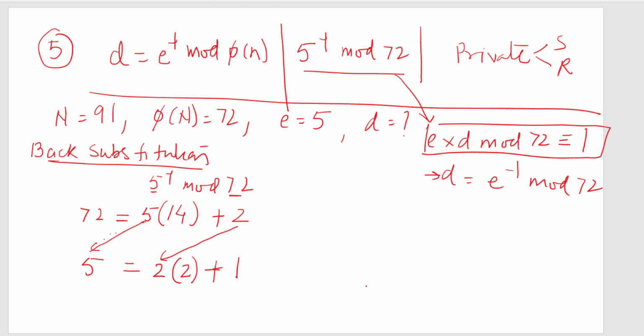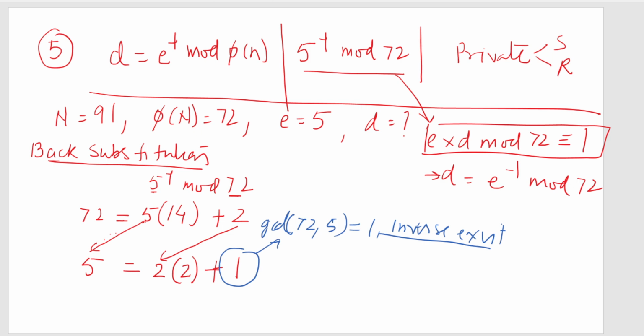We have told you in the class, and again we are telling you here, that you will stop at this 1. Why do we stop at 1? The reason is, if you get a 1 in the equation, it signifies that there is an inverse. That means the GCD of 72 and 5 is 1, so the inverse exists.